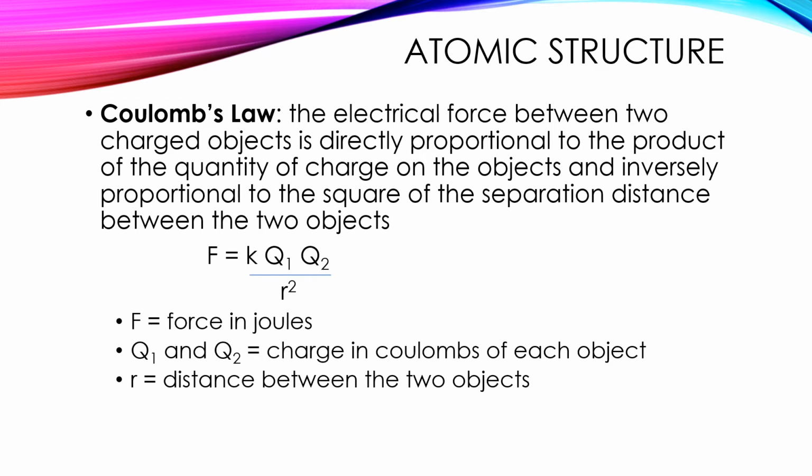So Coulomb's law states that the electrical force between 2 charged objects, so that of course is F here, is directly proportional to the product of the quantity of charge and inversely proportional to the square of the separation distance. Okay, so that's a lot of fancy words.